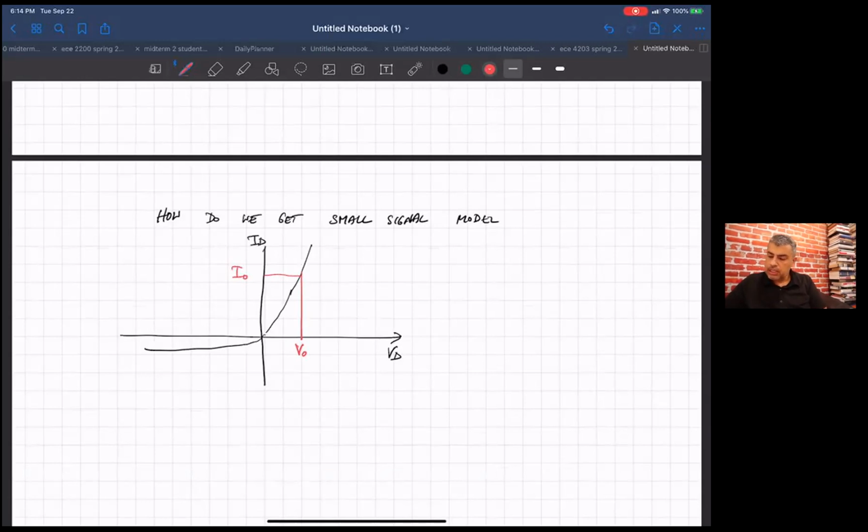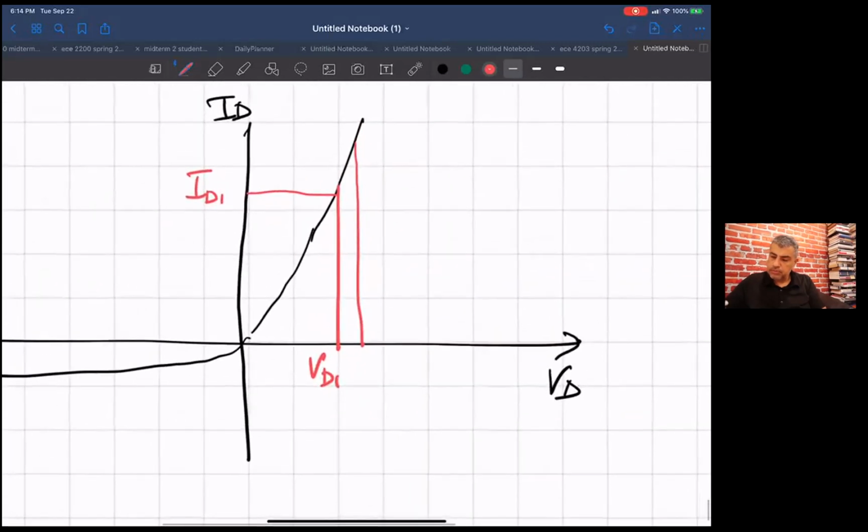Now let's say we have a second point, and let me call these to be consistent with the book: VD1 and ID1, and now we have a VD2 leading to ID2. The question is, can we come up with a simple way of calculating ID2 if we know this delta V?